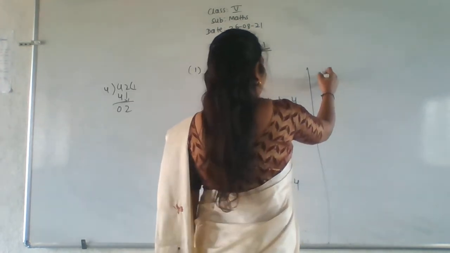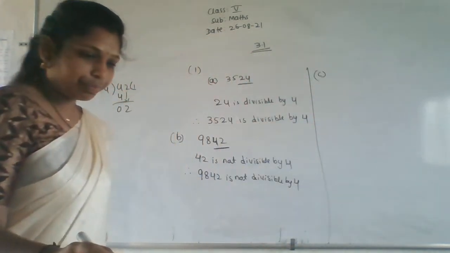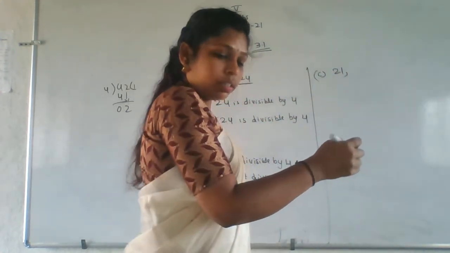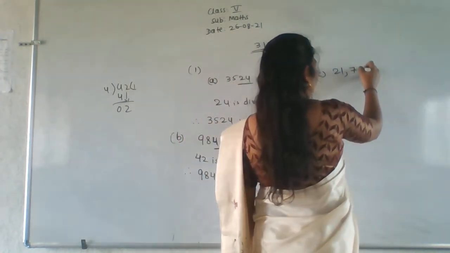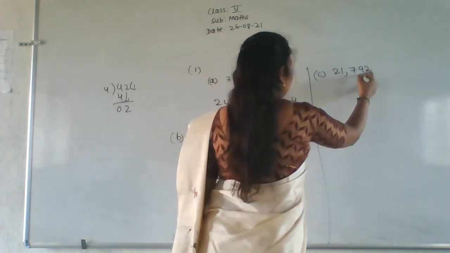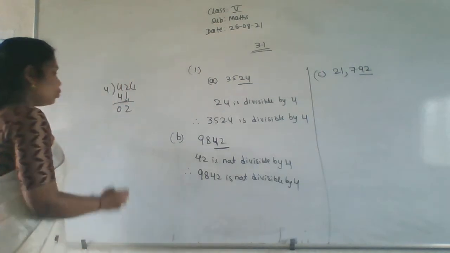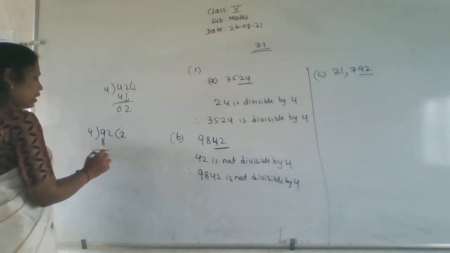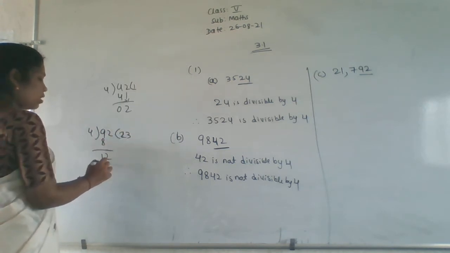Next one, C1. What is the C question here? 21,792. What are the last two digits here? 92. Now divide 92 by 4. 4 2s are 8, 1 left, 2. Next, 4 3s are 12.